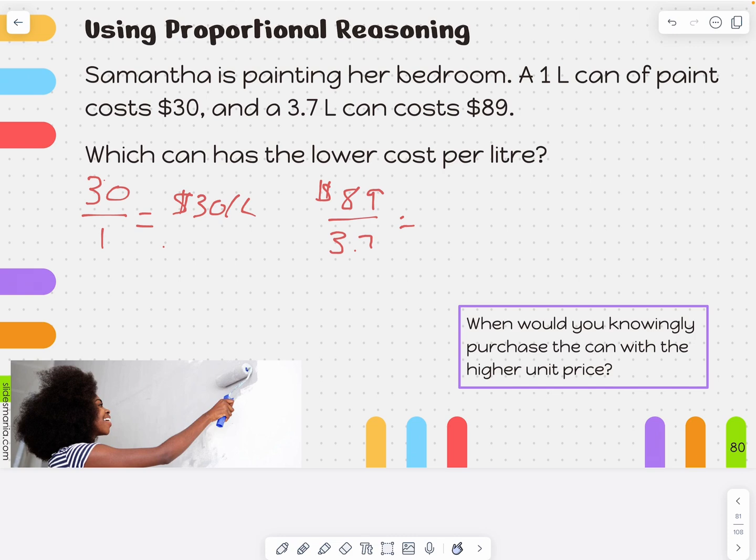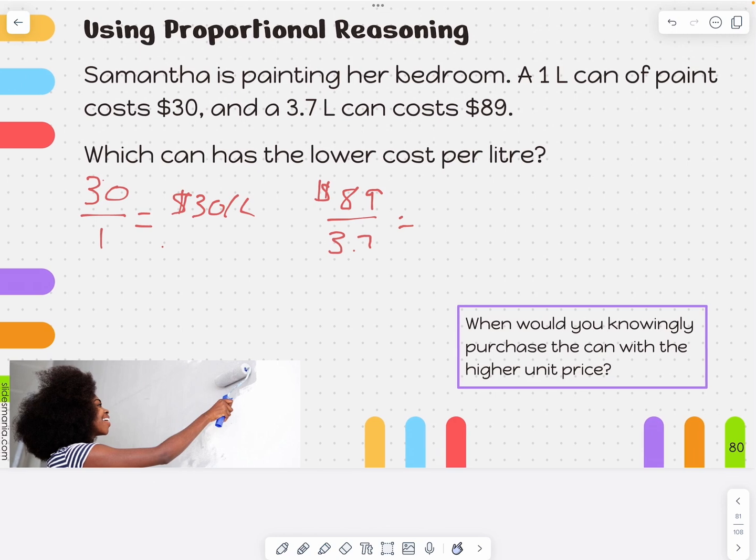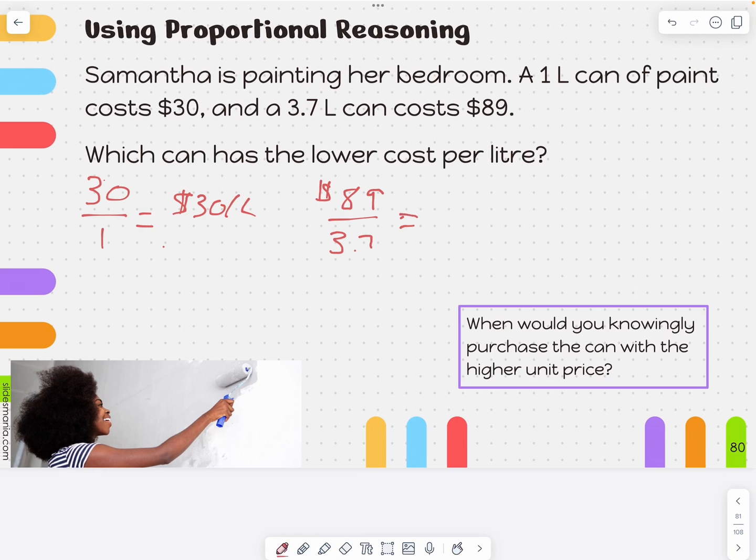You get 24.05, only 2 decimals for money. Okay. So the second one is $24.05 per liter.